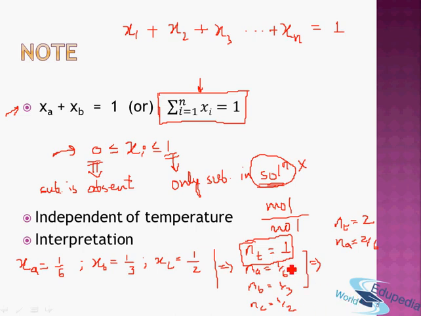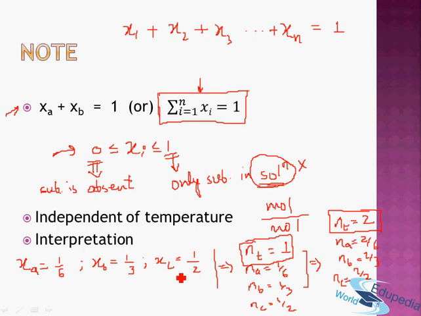If you add 1 by 6 plus 1 by 3 plus 1 by 2, you will see that their sum is equal to 1, because we have assumed NT is equal to 1. In this case, NT is equal to 2, so when you sum 2 by 2, that is 1, plus 2 by 3 plus 2 by 6, you will get 2, because we have assumed total moles to be 2.